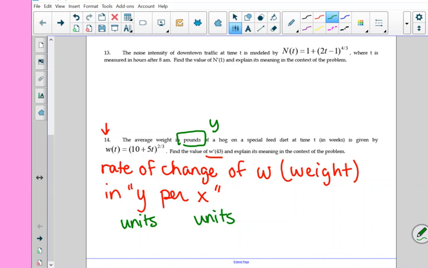T, or I guess X technically, is in weeks. So whatever we get here is going to be pounds per week.